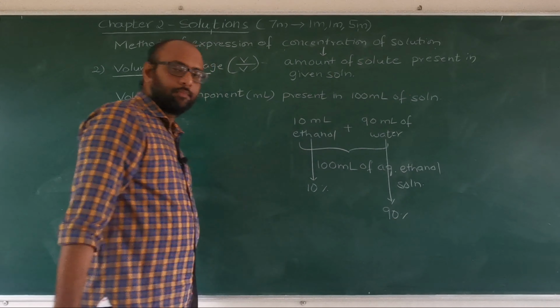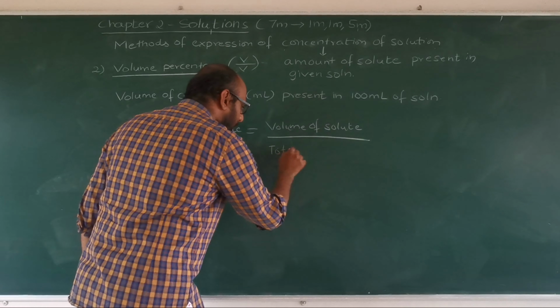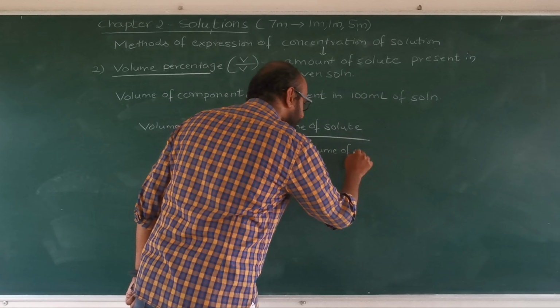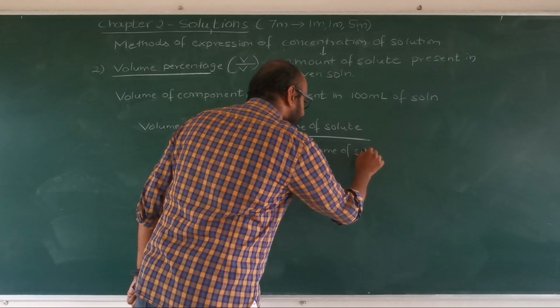So volume percent of solute is equal to volume of solute divided by total volume of solution. Okay, and I calculate percentage here, so multiplied by 100.